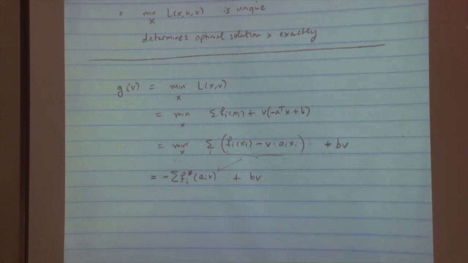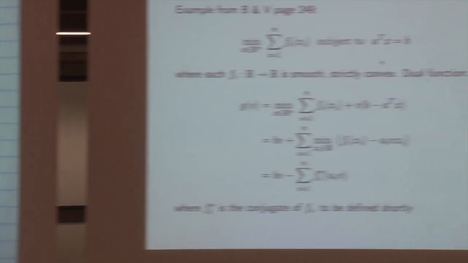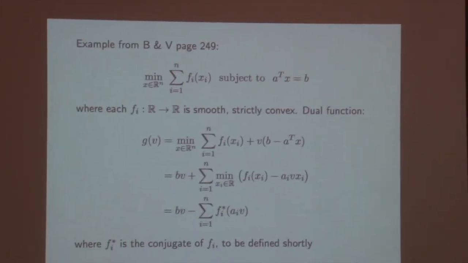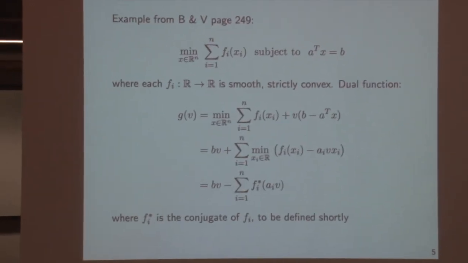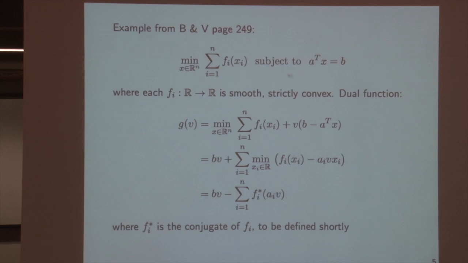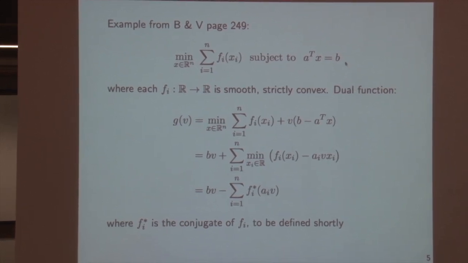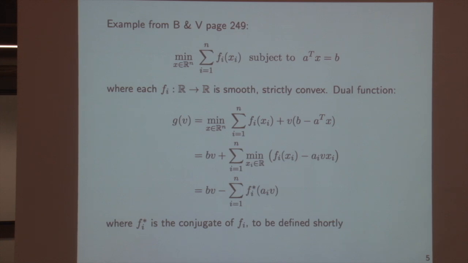We've decoupled it. We can think of the criterion here as a sum of two things: this part and an indicator that tells us that A transpose x equals b. We've essentially moved the linear transformation from the indicator up into the part involving f. It's our first example of something called dual decomposition.